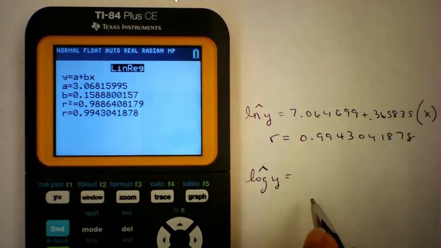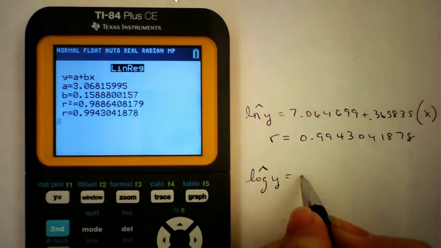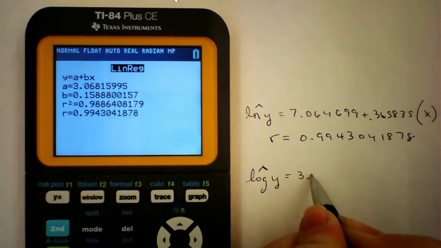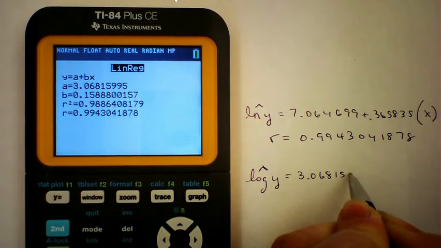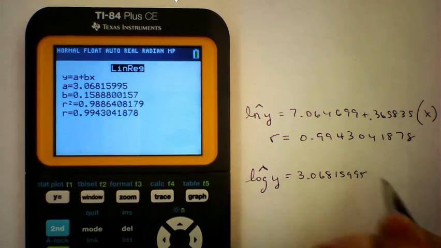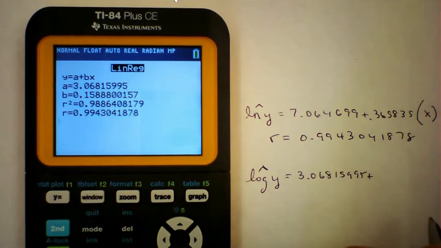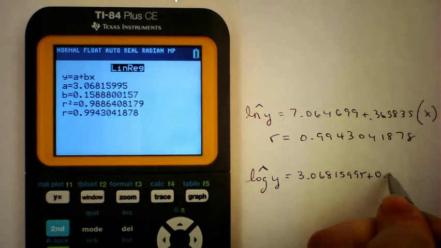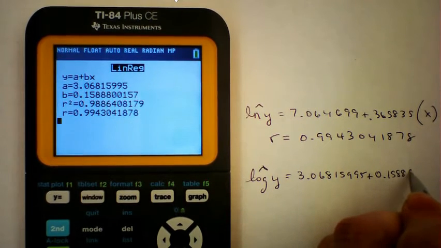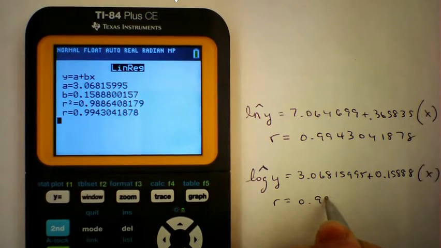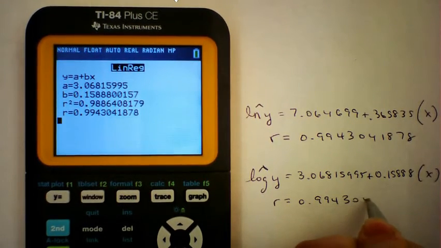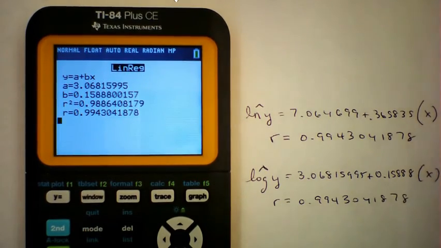So it actually ends up with slightly different numbers going into this. Okay, that's the y-intercept plus 0.15888, and then x years past 1970, but the r is actually the same. So it ends up being the exact same value.